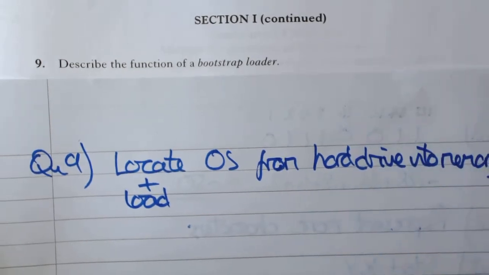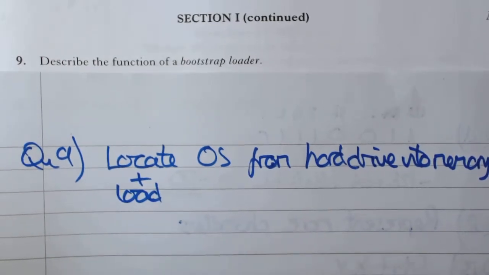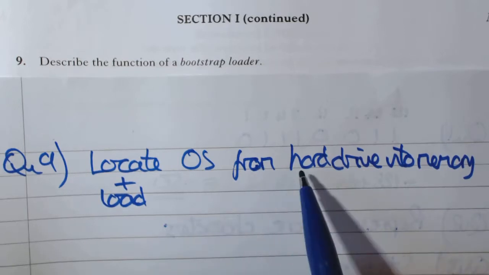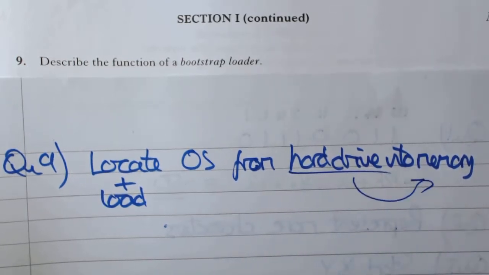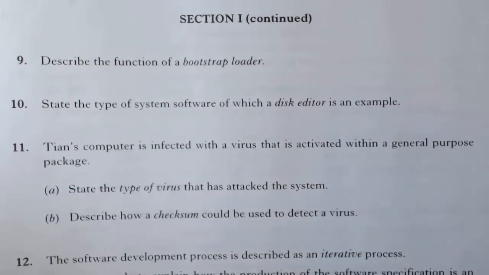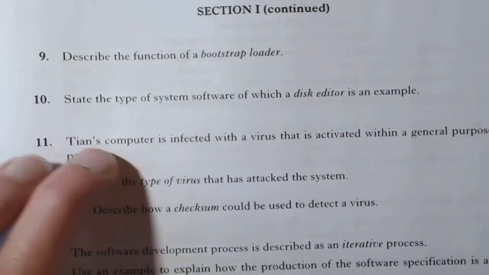That's its wee purpose in life. Okay, so it's located in memory, small part of the operating system. As soon as it's on, it then gets the rest of the operating system from your hard drive and puts it into memory.